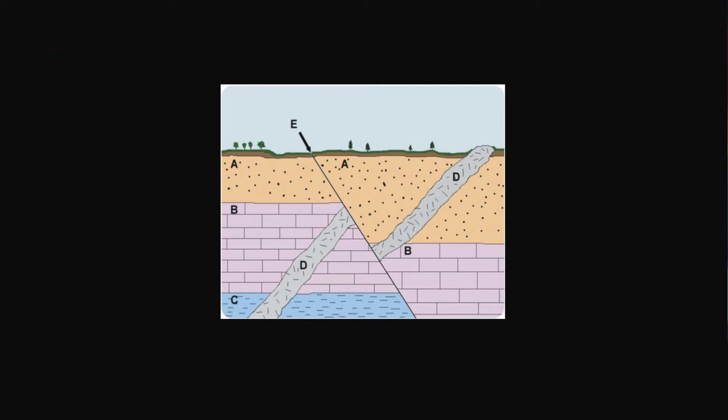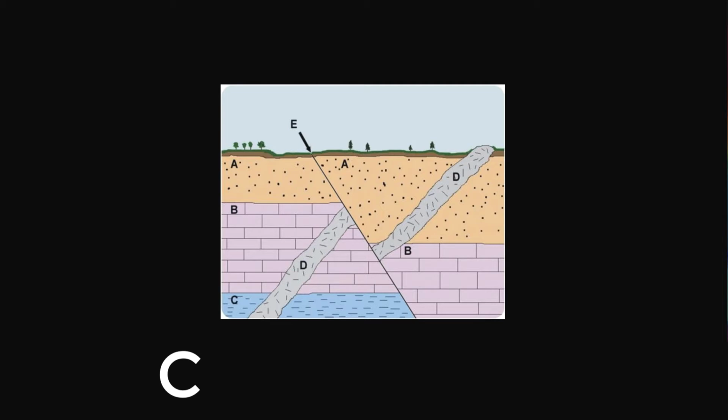So we work from oldest to youngest. In this example, we see layer C sitting at the very bottom, and based on the available rock units in this example, we can safely assume that C is the oldest of the units pictured. So C is first, as it is the oldest.